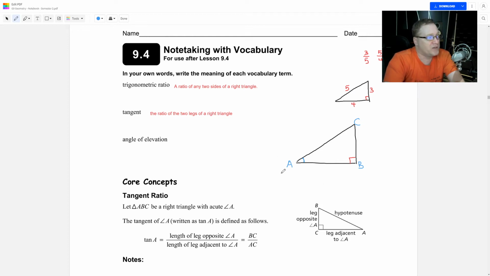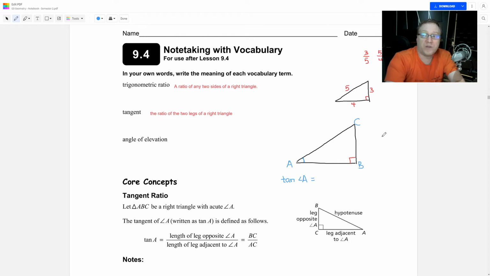Now, when we're doing trigonometric ratios, and especially tangents, we'll say, what is the tangent of angle A? All right, and we usually shorten tangent. We don't write down the whole thing. We just write TAN. This means tangent. All right, so what is the tangent of angle A?